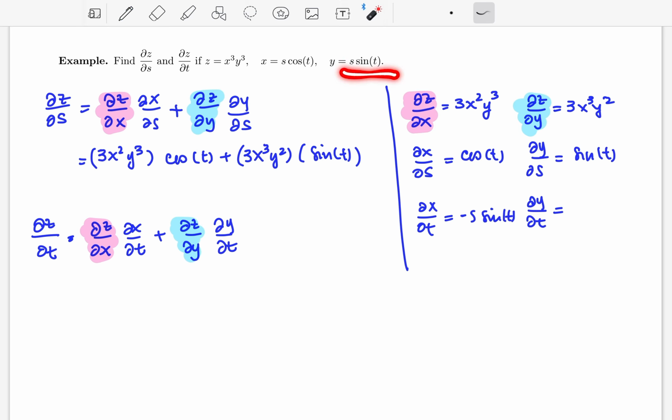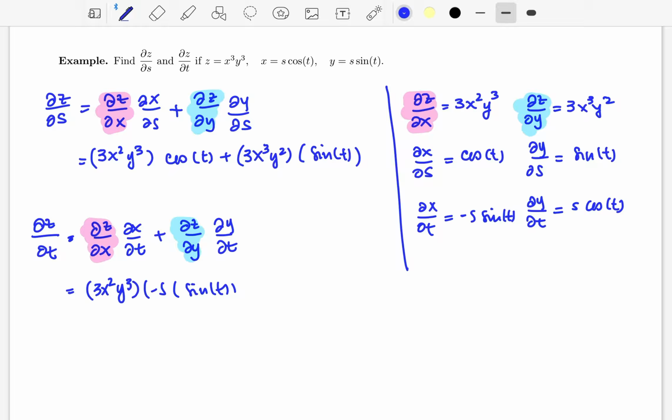And dy/dt, I treat s as a constant, so I get s cosine of t, and then replace everything with the derivatives we just computed, and we get 3x squared y cubed times dx/dt, which is negative s times sine of t, plus dz/dy, which is 3x cubed y squared times dy/dt, which is s times cosine of t. Okay? Perfection. All right. Hope that makes sense.